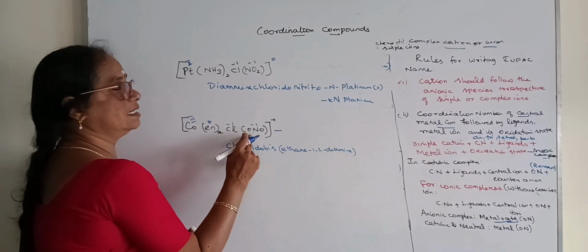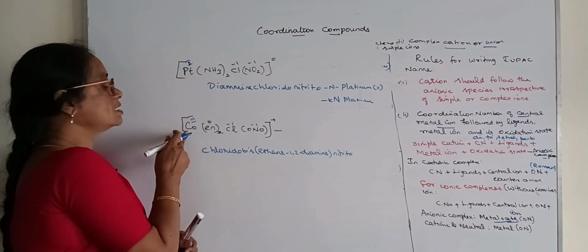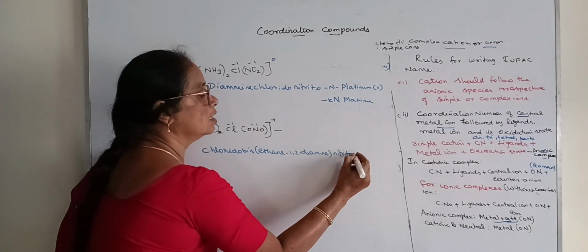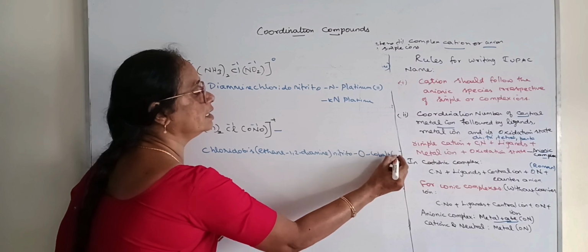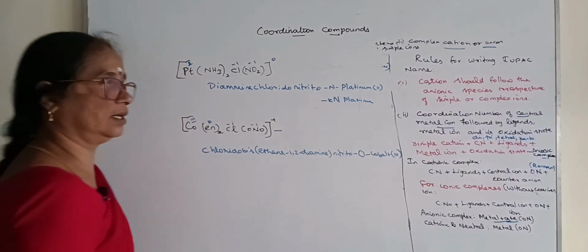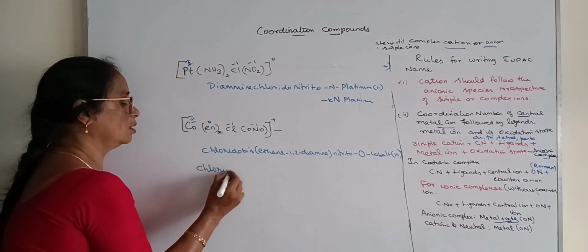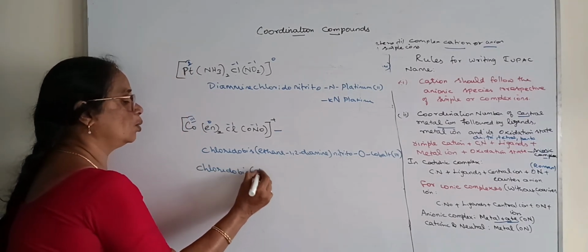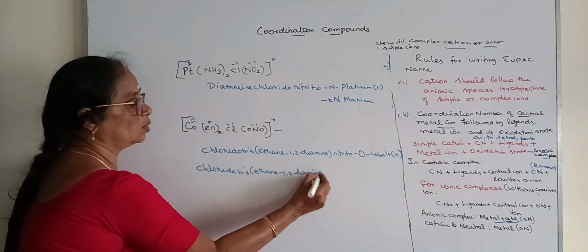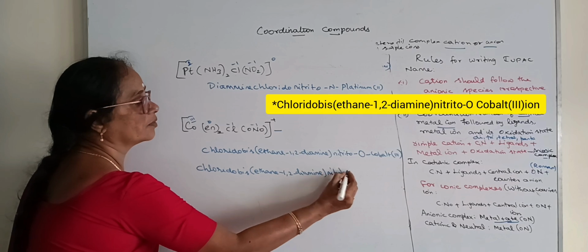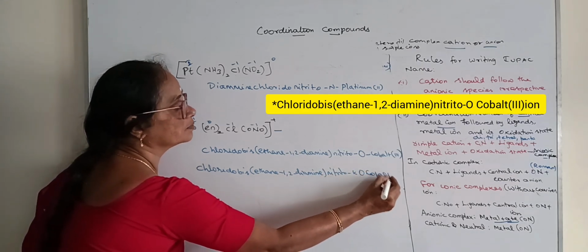Then it is nitrito. And which atom is the donor site to the cobalt? Oxygen. So write O with cobalt along with its oxidation state 3. Instead of this, you can write even like this: chlorido, bis, ethane 1,2 diamine, nitrito, kappa O cobalt 3.